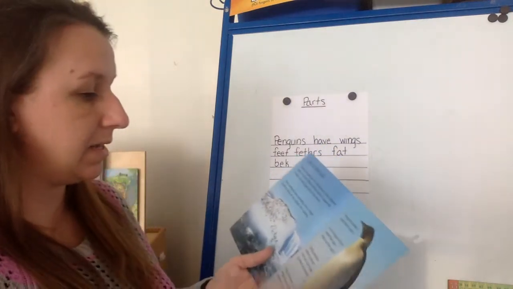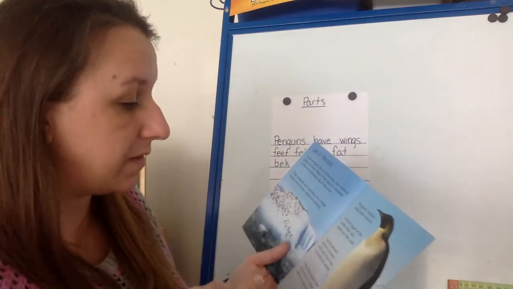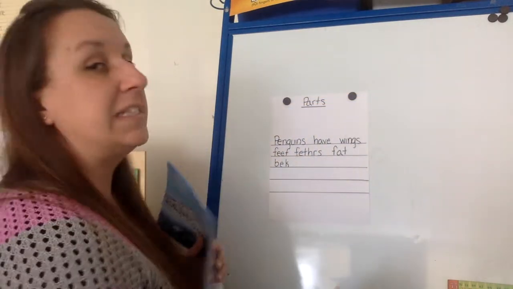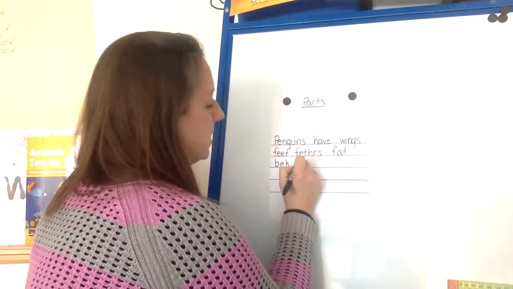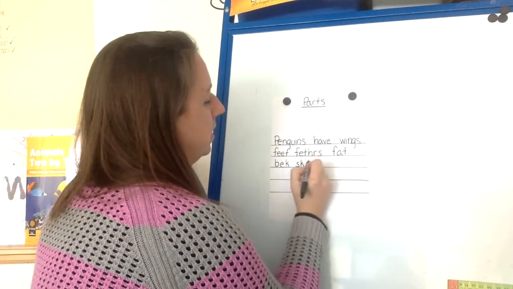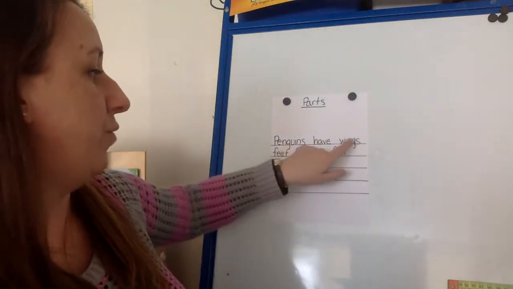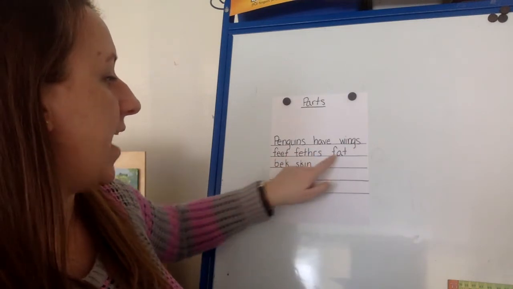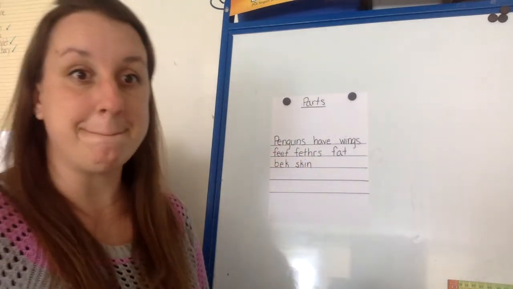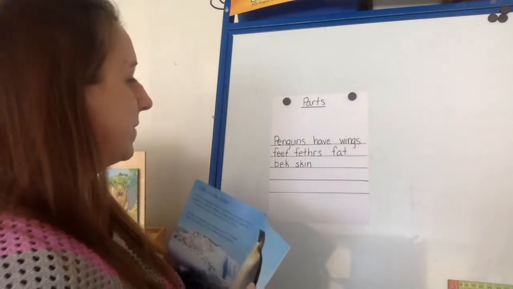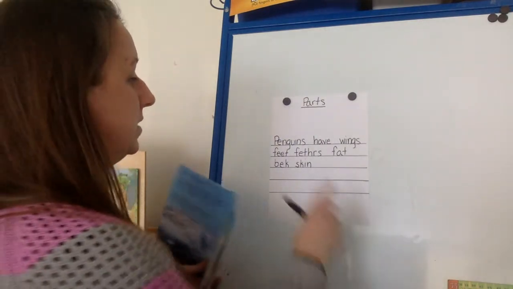Skin. It said skin. Tightly packed feathers protect their skin. Penguins have wings, feet, feathers, fat, beak, skin. You know what? I'm going to say this.